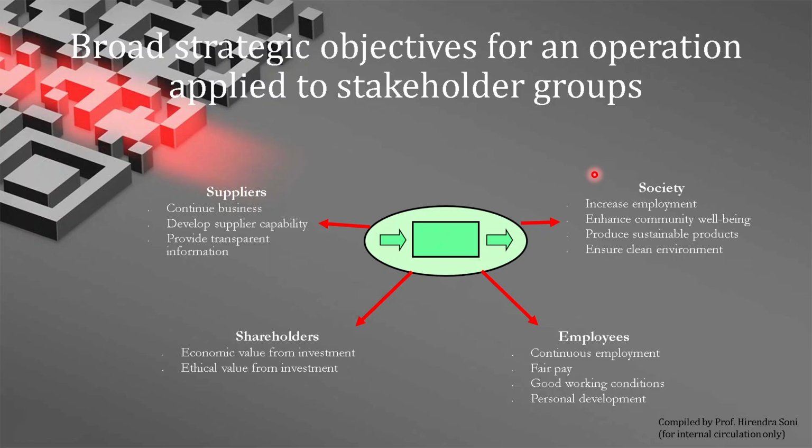For your employees, it would be continuity of their employment, fair pay, good working conditions, and personal development. For your shareholders, it would be economic value from investment and ethical value from the investment. For your suppliers, business continuity, development of their capability, and providing transparent information.